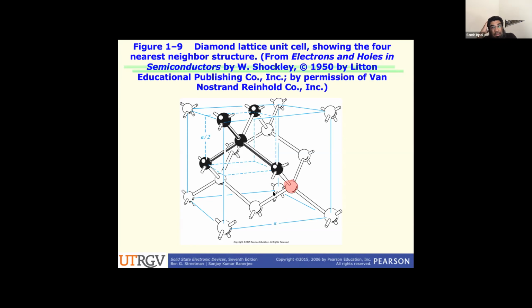Shells around atoms. How many electrons are there in the first shell around a nucleus? 2. You guys remember your chemistry. How many are there in the second shell? It's okay, just say the number. 8.